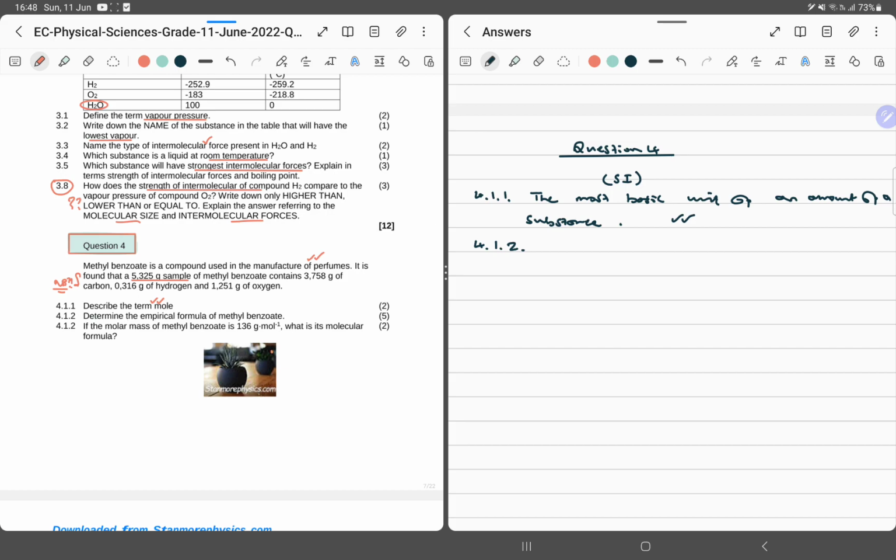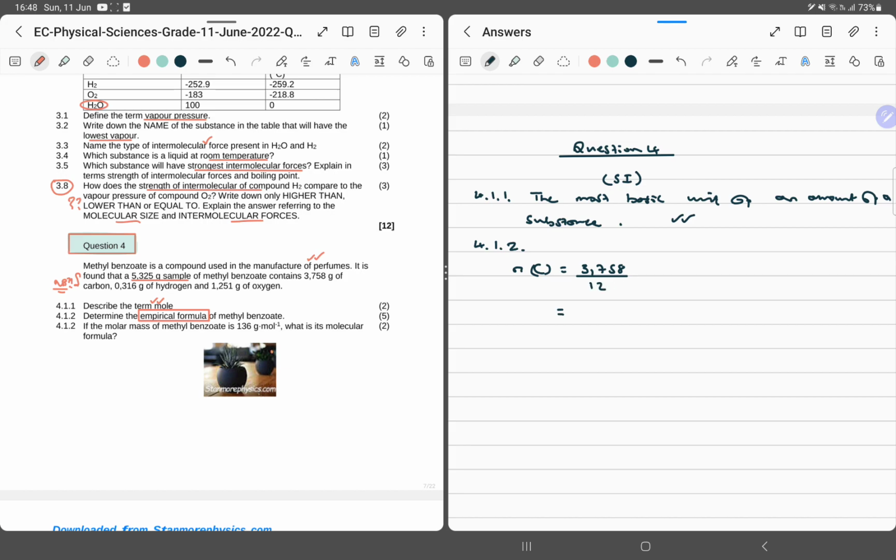So it says now determine the empirical formula of methyl benzoate. Okay, this is grade 10 stuff. You already know from grade 10 how to do this. Easy. So basically here we need the number of moles of carbon. So it's going to be the mass of carbon, which is 3.758, divided by the molar mass of elementary carbon, which is 12.